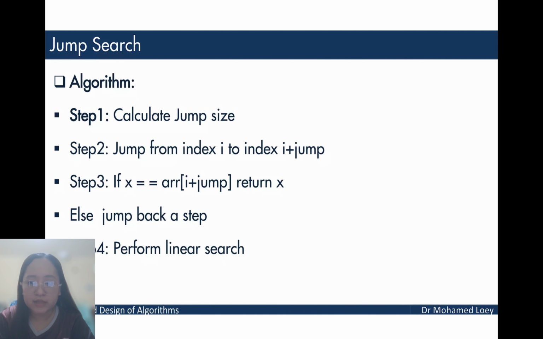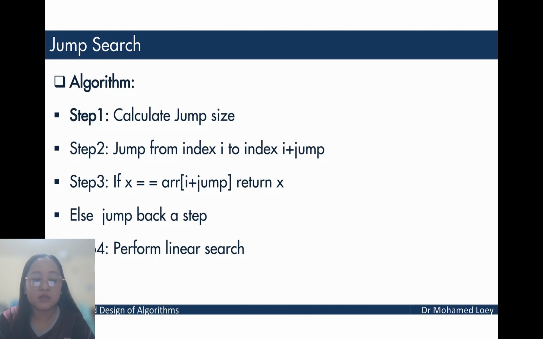When we land on that value, this means our target, if it exists, must be inside the previous block. For step 3, if x is equal to the array at i plus jump, then it will return x. Else, it will jump back a step.